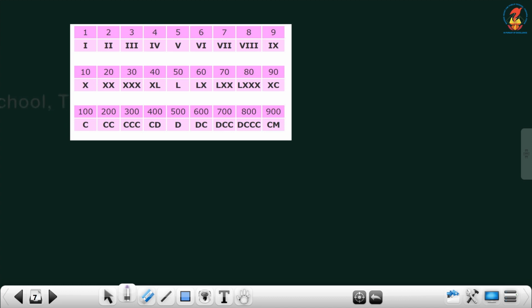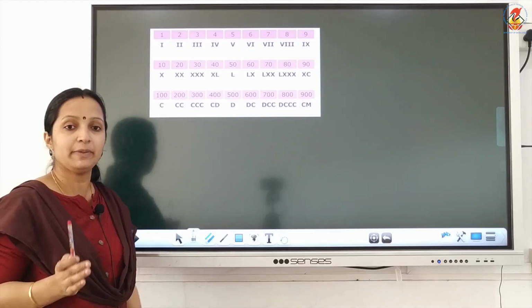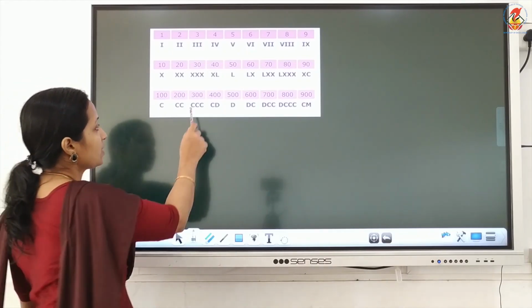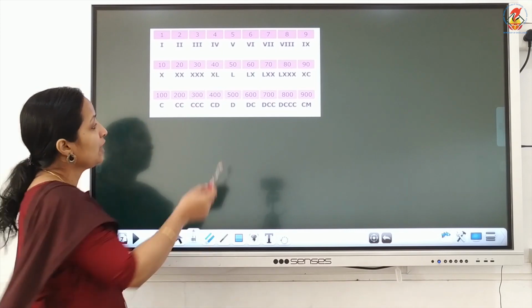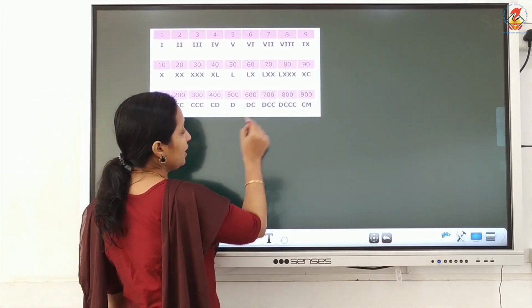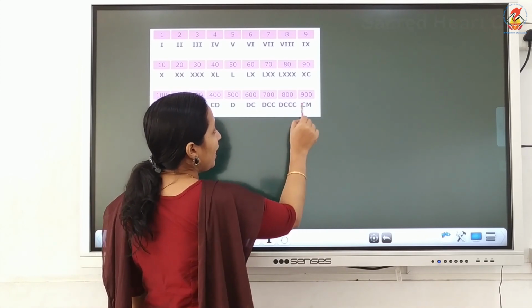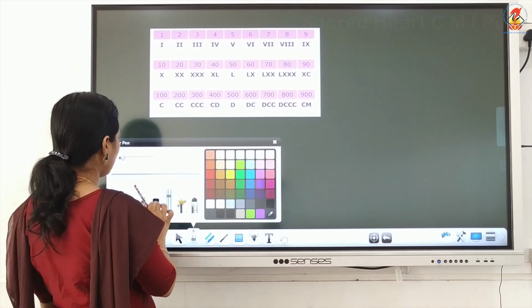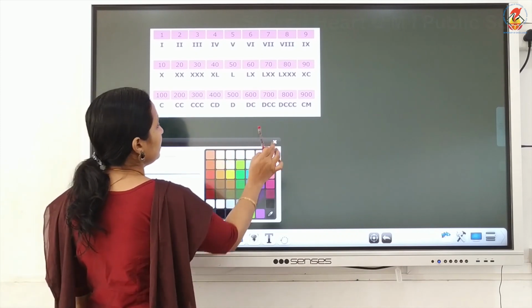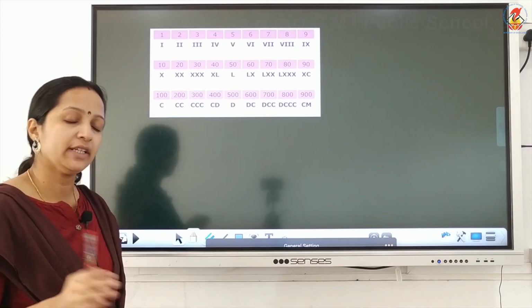We can't write one more C for writing 400. We can repeat only a maximum of 3 times. So that's why we write 400 as CD, 500 D, 600 DC, 700 DCC, 800 DCCC and 900 CM. Okay. Children, try to study this. You can write any Roman numeral.